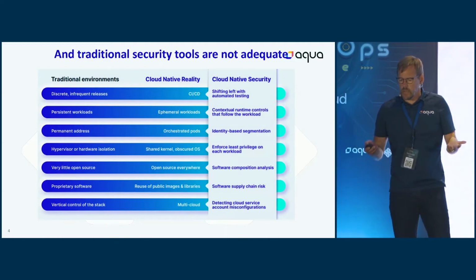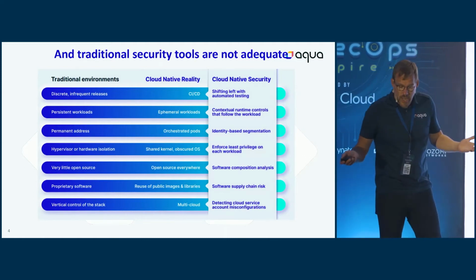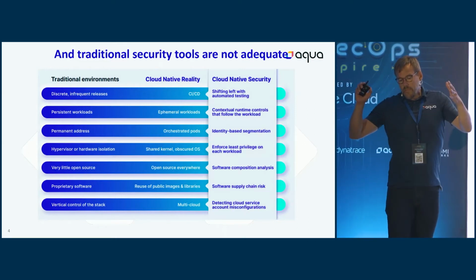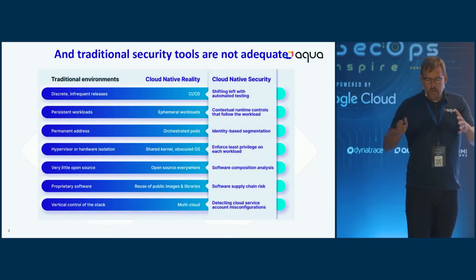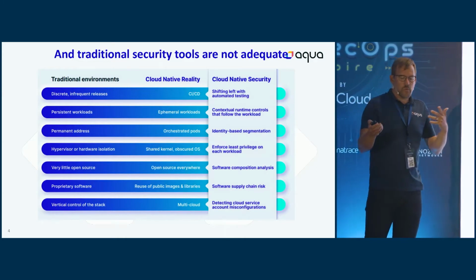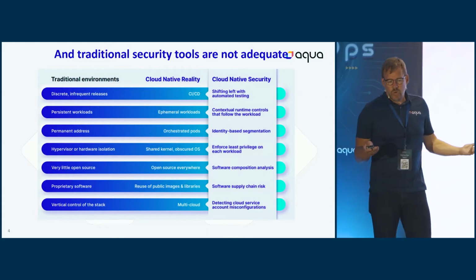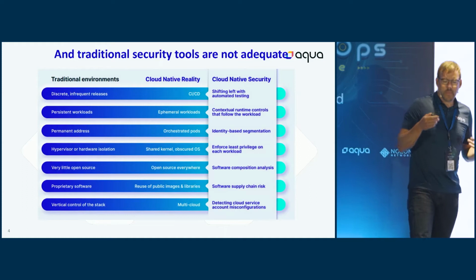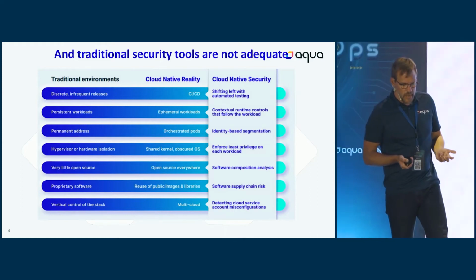You release continuously, so continuously something is changing. If you do learning, for example, or run a web application firewall that doesn't understand what you have deployed and what is new, you get false alerts and so on and so forth. So you need something that adapts to your continuous change.